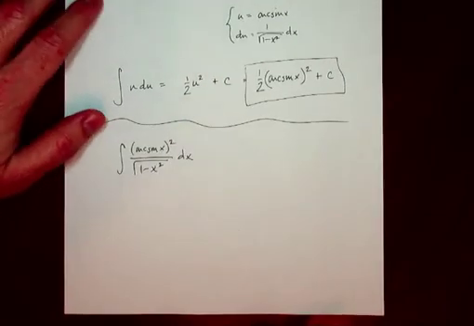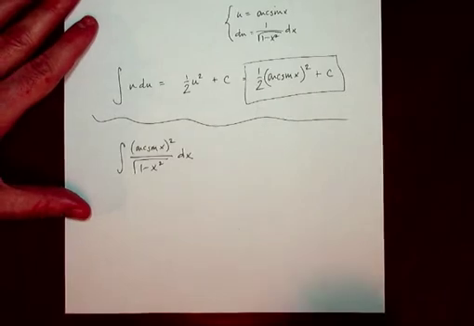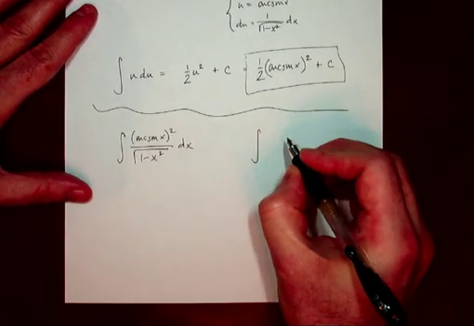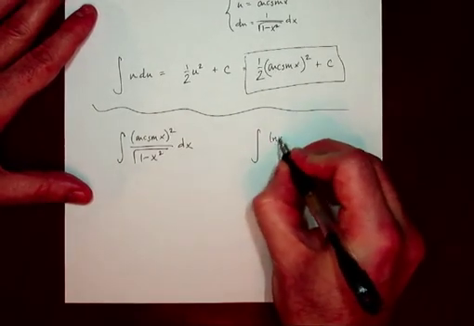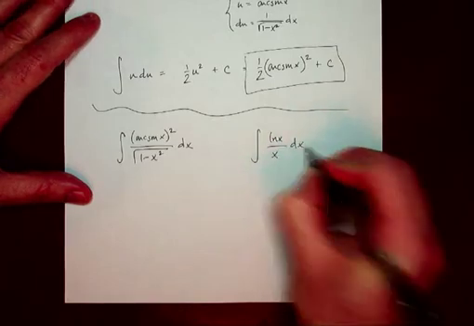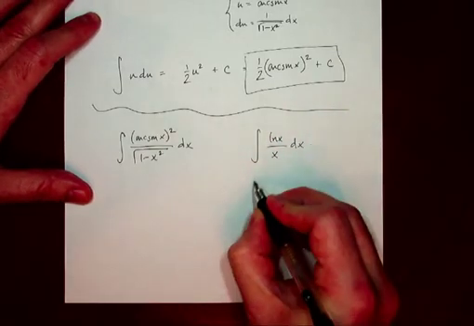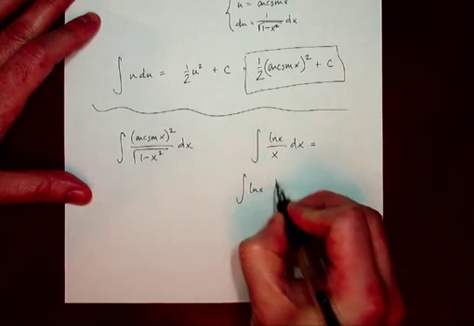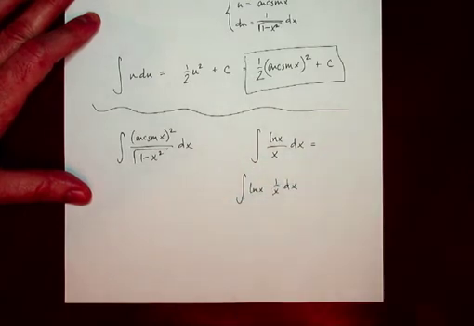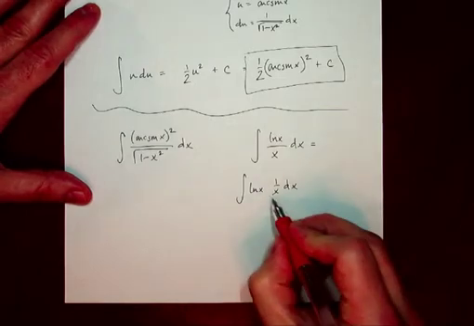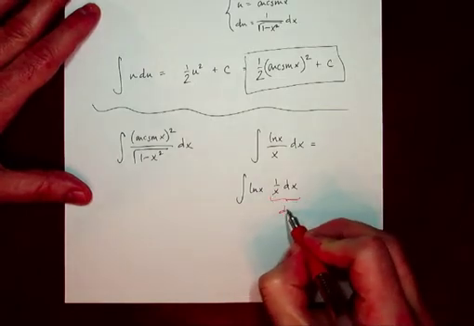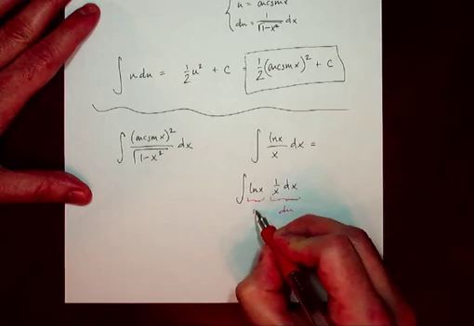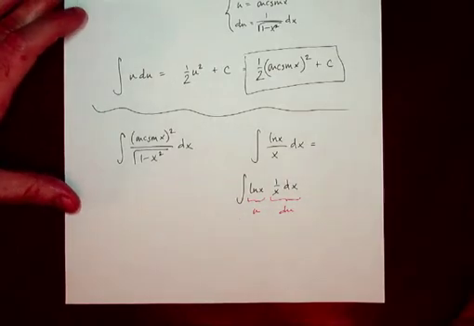And ones like this also happen, you'll get a similar problem. It'll be natural log of x over x dx. And the key to solving this one is the fact that you need to pull them apart, just like I did in this one, and recognize, oh, well, that looks like du, and that looks like u. Okay?